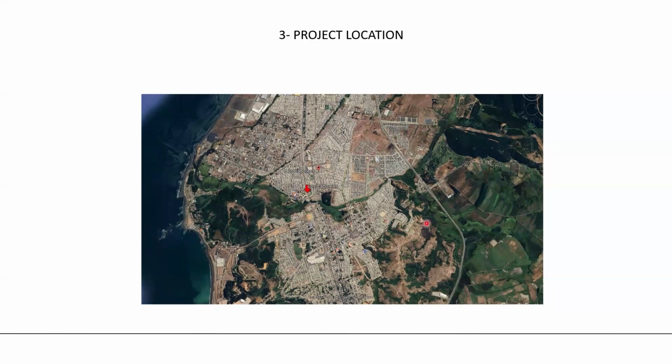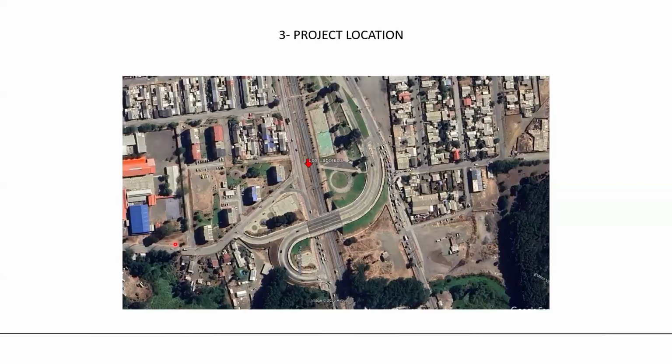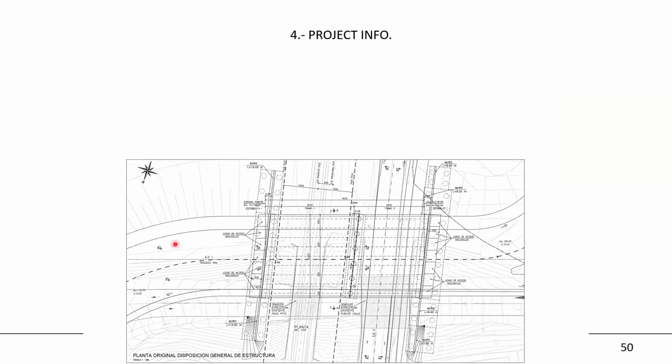It's a basaltic sand, and we have residual soil here. And this is the exact place of the overpass here. And if you see that, we have a hill here, and the coast in that place.